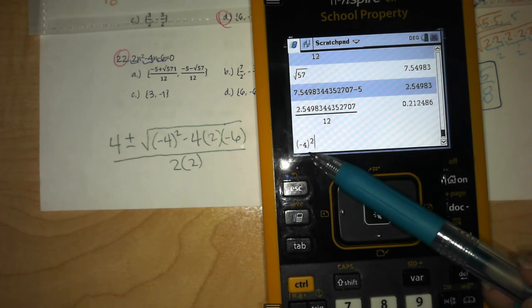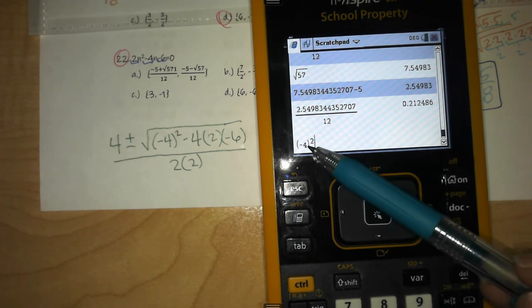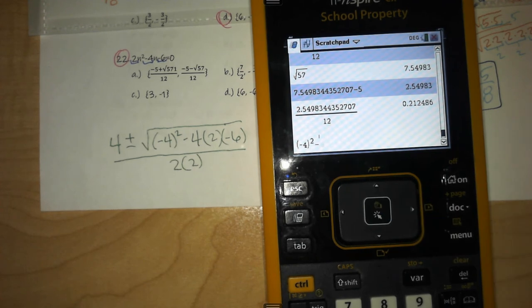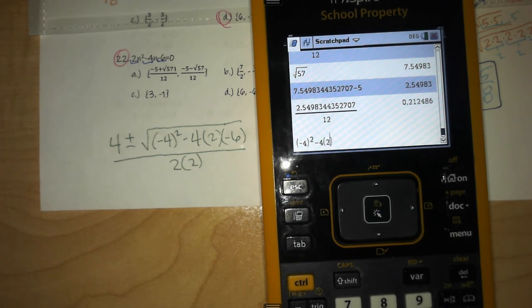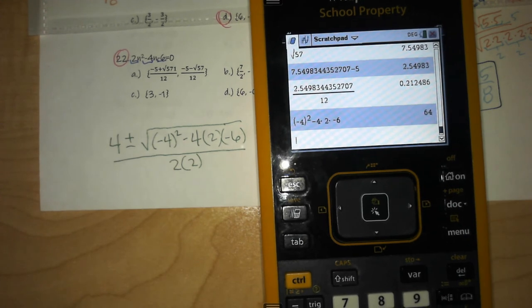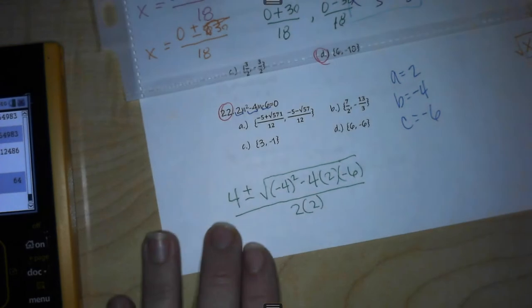So we've got negative 4 squared. Make sure you put your number in parentheses. We got minus 4 times 2 times negative 6. I literally put it in the calculator exactly as I wrote it down with all of my parentheses so that my signs will be correct when I press enter.